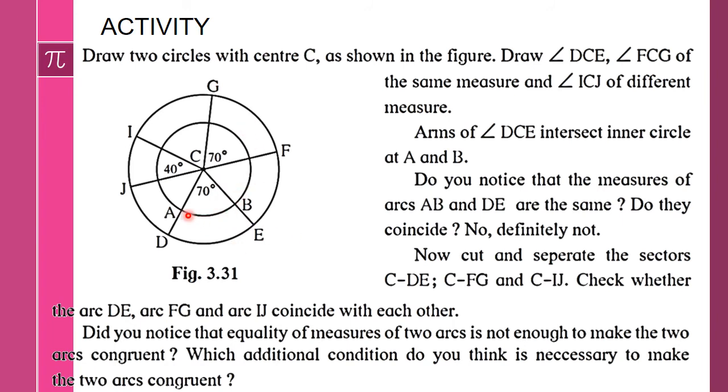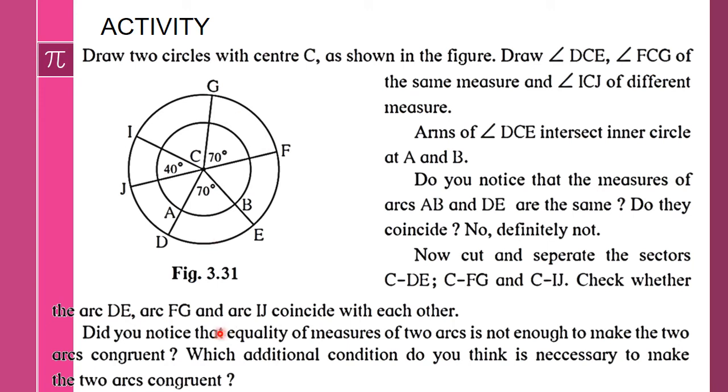Okay. Now here, since arc AB and DE are of equal measure but the radii are different, that is why they differ in size. But if, along with the measure, the radii are also equal, then the two arcs can be called congruent. That means this particular arc DE is congruent to arc GF or arc FG. Okay.